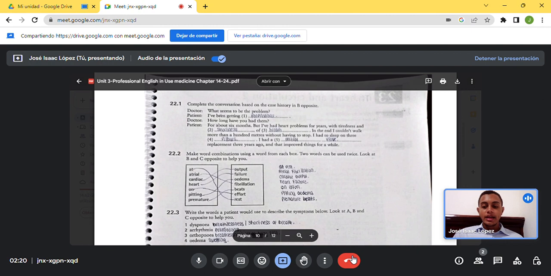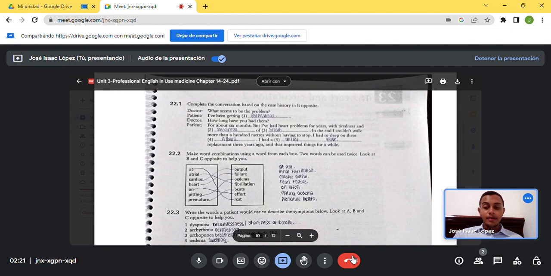O sea, he estado teniendo palpitaciones. Next, the doctor asked, how long have you had them? ¿Por cuánto tiempo las has tenido? Las palpitaciones.